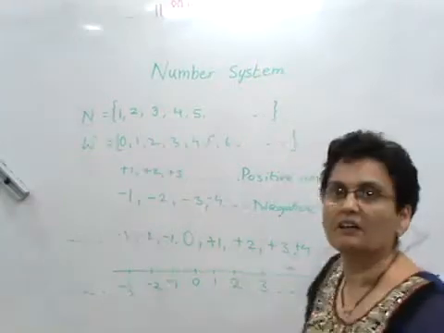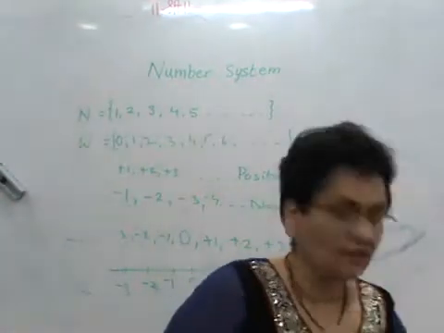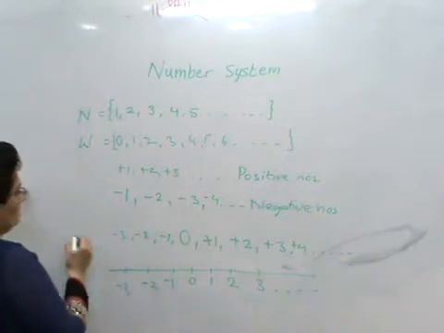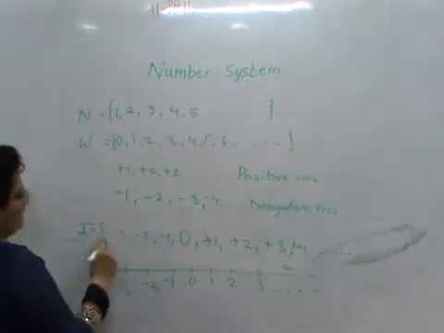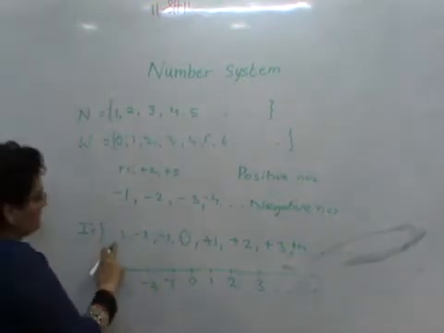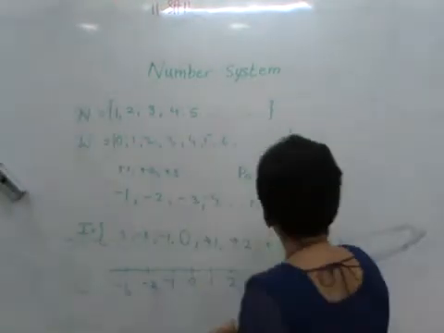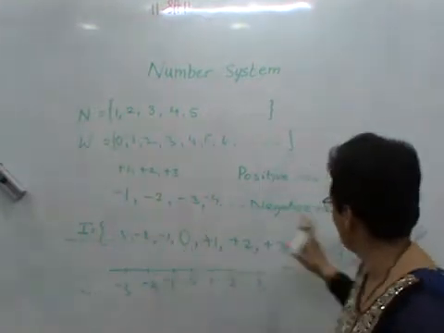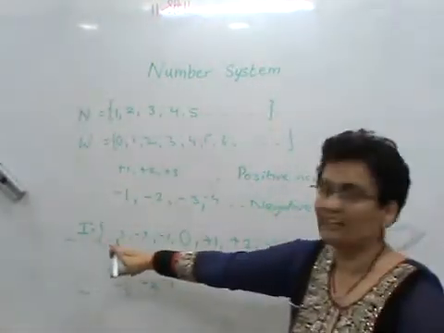For this number line, there is another name. The name is integers. That is I. And that set contains minus infinity, minus 3, minus 2, minus 1, 0, 1, 2, 3, 4, 5 till positive infinity. From negative infinity, 0, till positive infinity, they all belong to integers.